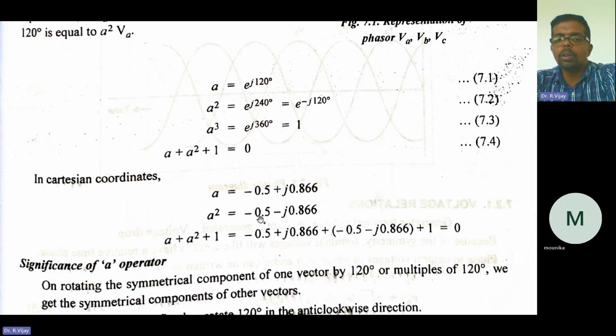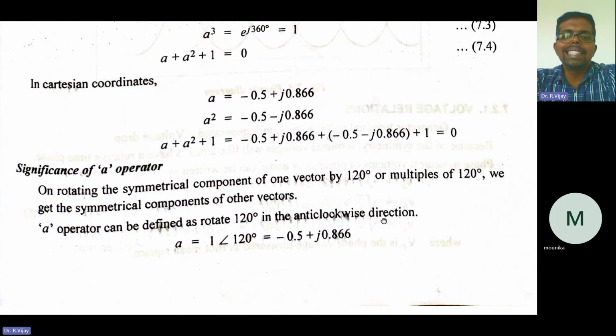Next, A squared is equal to minus 0.5 minus j 0.866. Now A plus A squared plus 1: minus 0.5 plus j 0.866, plus minus 0.5 minus j 0.866, plus 1. The j terms cancel, and minus 0.5 and minus 0.5 become minus 1. Minus 1 plus 1 becomes 0. So A plus A squared plus 1 is equal to 0.